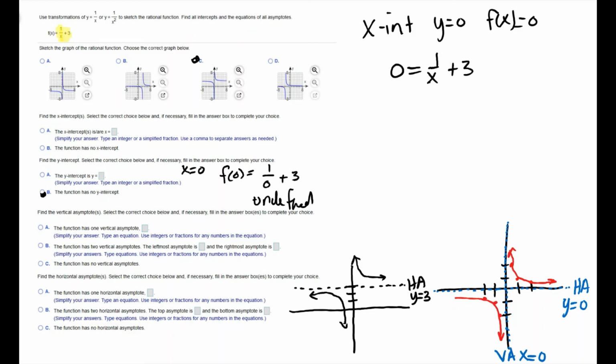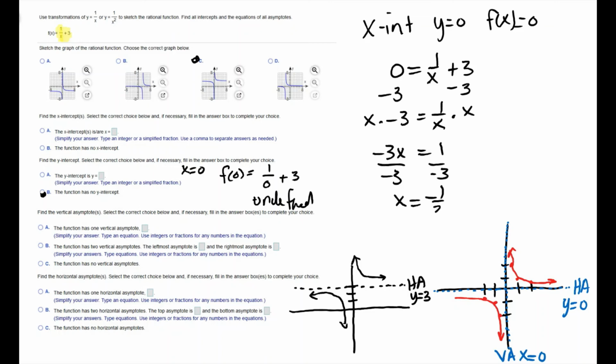I'm going to solve by getting x by itself, so I'll subtract 3 on both sides. Negative 3 equals 1 over x. You can get rid of that denominator by multiplying by x on both sides. I have negative 3x equals 1, and divide both sides by negative 3. That gives me x equals negative 1/3. So we have an x-intercept at negative 1/3.